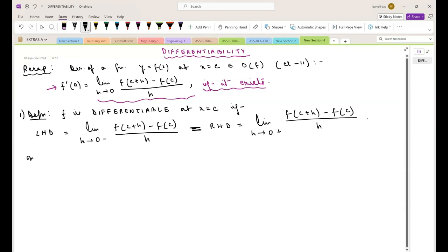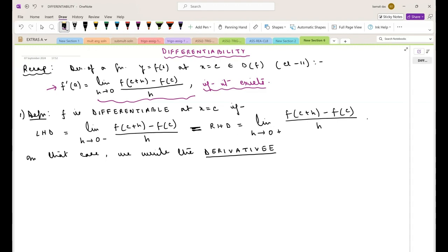In that case, we write the derivative, sorry, is f dash c.